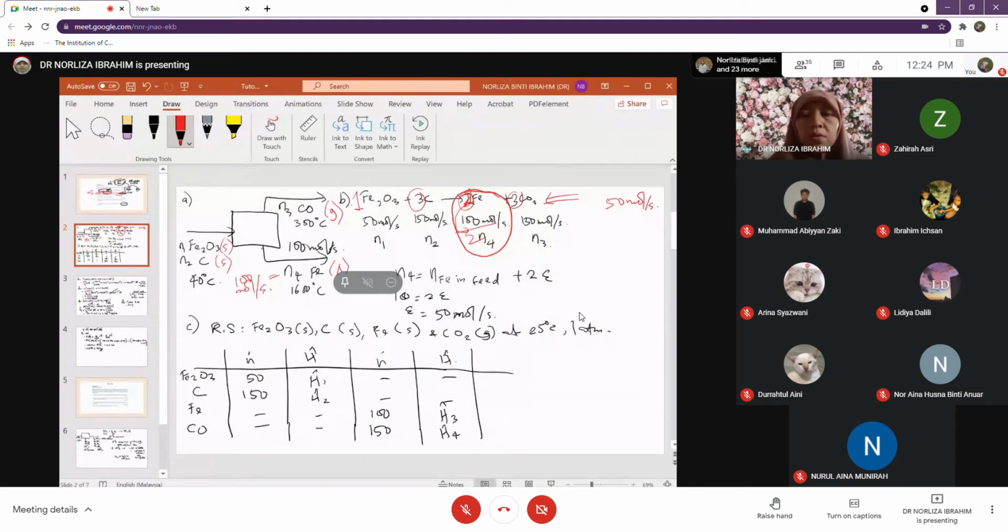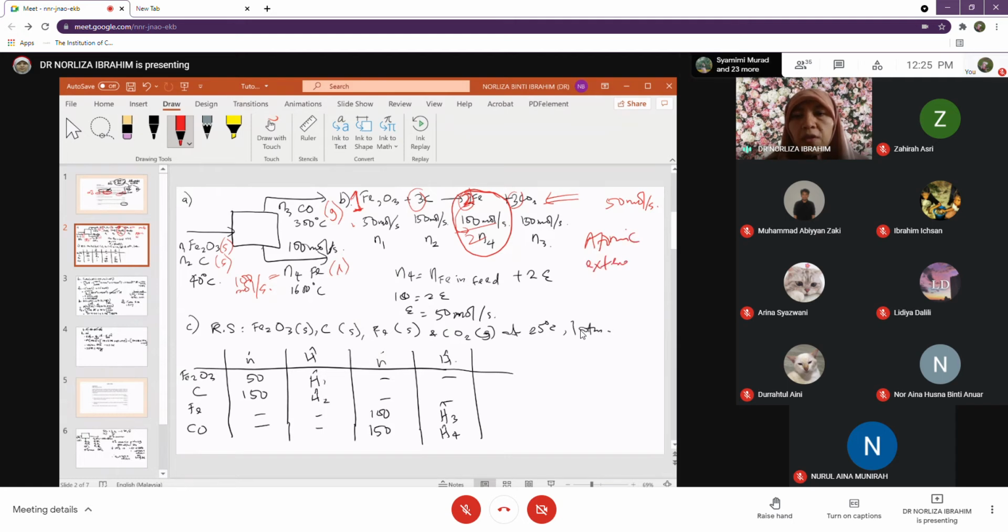The other coefficient is 1, so it's only 50. This is a very straightforward calculation. You can still use the atomic balance or the extent of reaction.